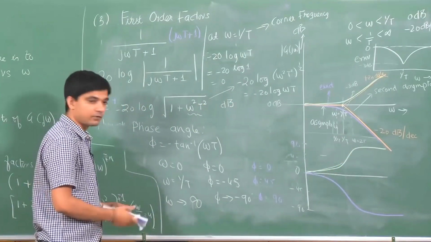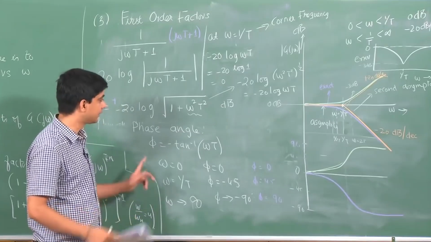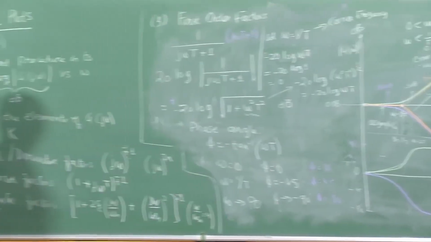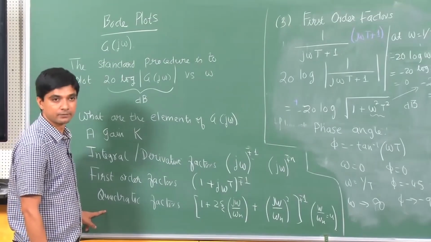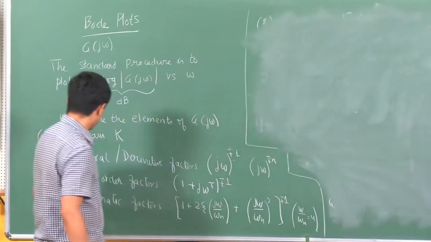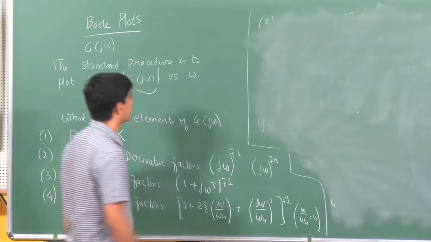I'll pause here for a while, and then we'll continue to look at quadratic factors. This is a little interesting, to plot the errors. So we deal with these quadratic factors.